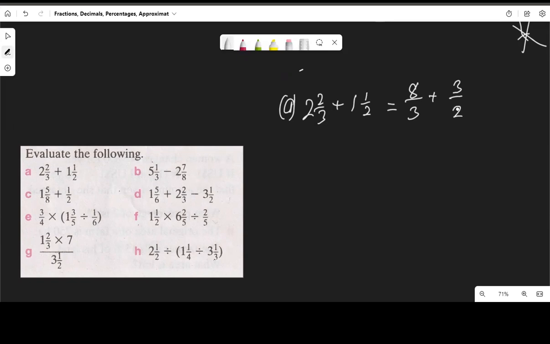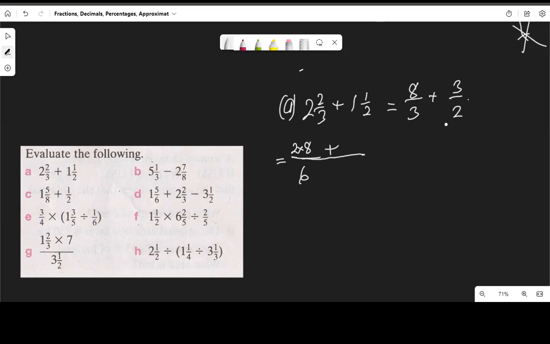When adding fractions, if the denominators are not the same, we look for the LCM. The LCM of 2 and 3 is 6.